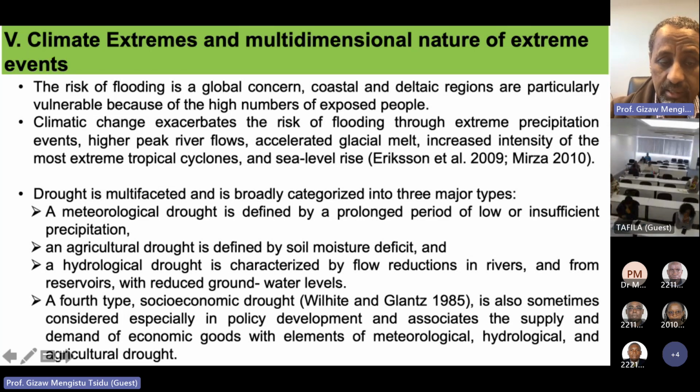Hydrological drought is not just about rainfall, but about a reduction in flow in the rivers and reservoirs, and even reduced groundwater levels. The fourth one includes the impact component of the drought.